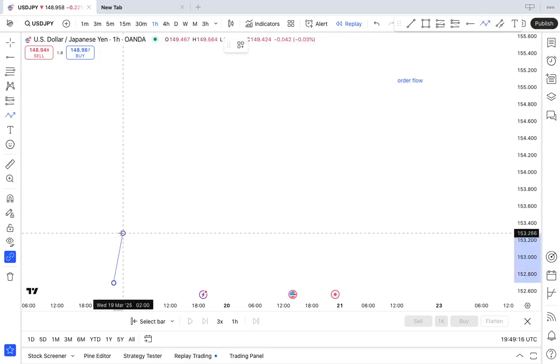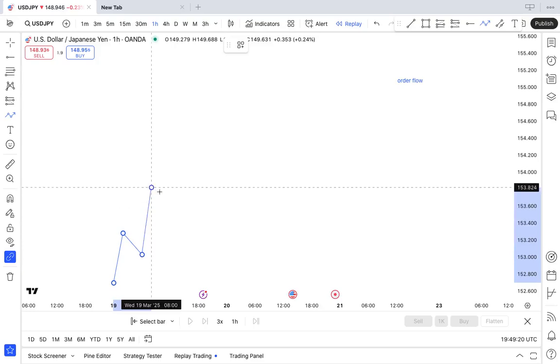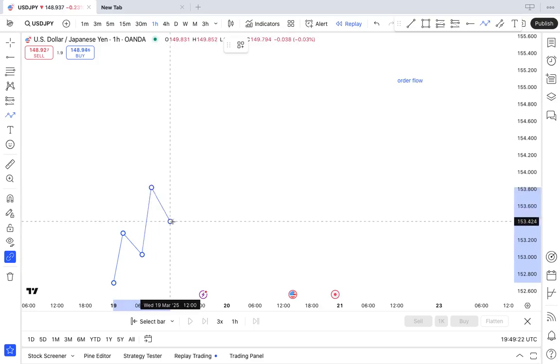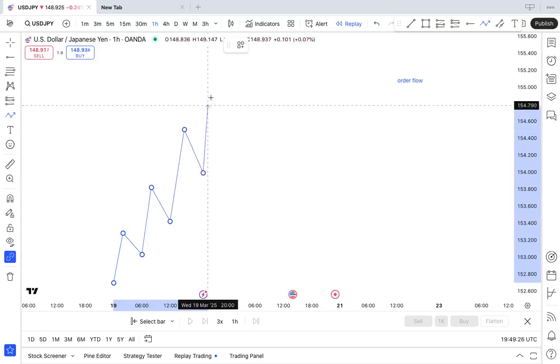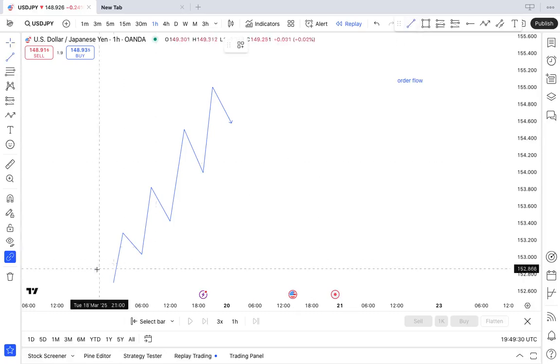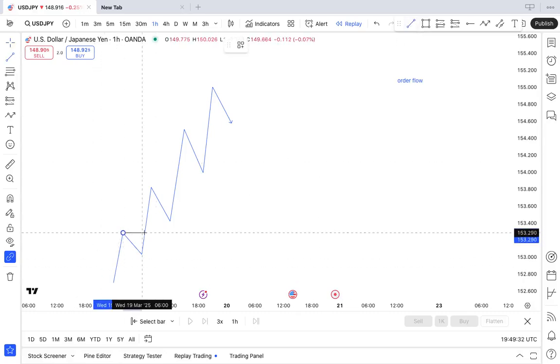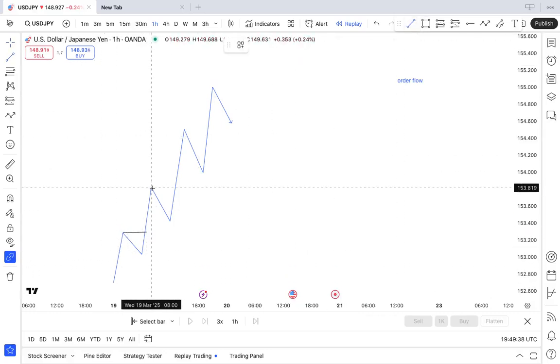You have to be knowing, is my order flow bullish or bearish? So for example, in this scenario, we are going to be looking at the bullish order flow, whereby price has been creating higher highs and higher lows. It is violating highs and respecting these lows here.